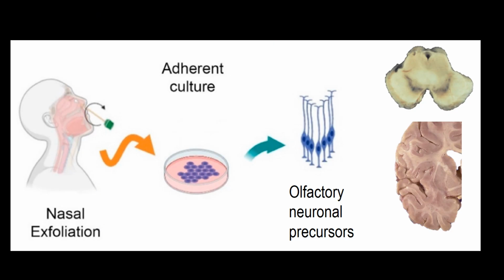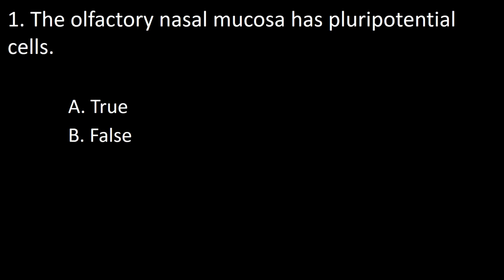Culture of basal and olfactory ectomesenchymal stem cells can hopefully one day be used to generate dopamine neurons and cure Parkinson's, GABAergic neurons and cure Huntington's, and acetylcholine neurons and cure Alzheimer's. So the answer to this question is A.